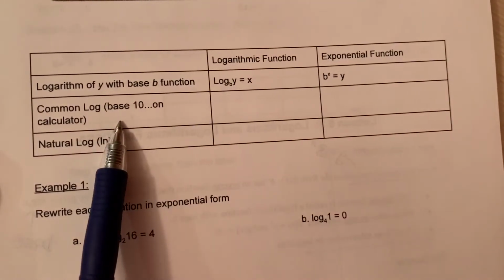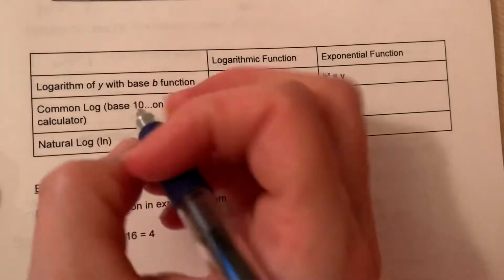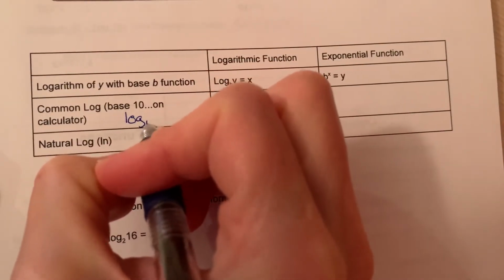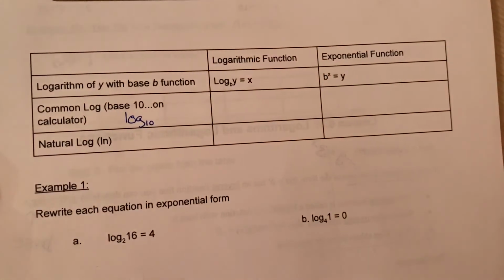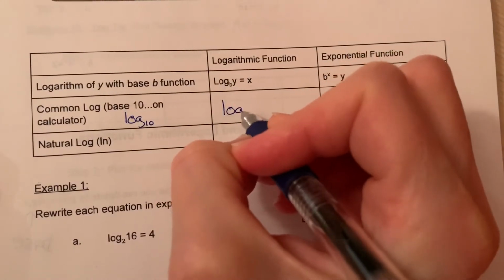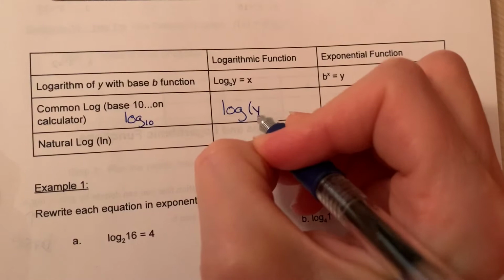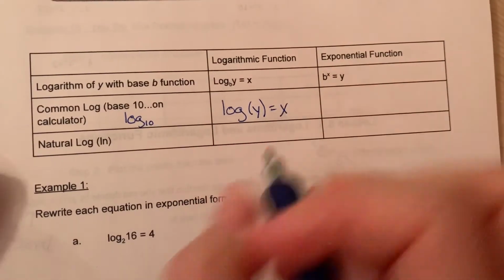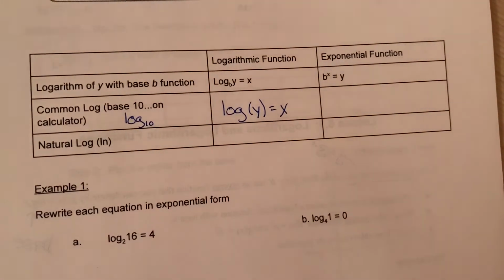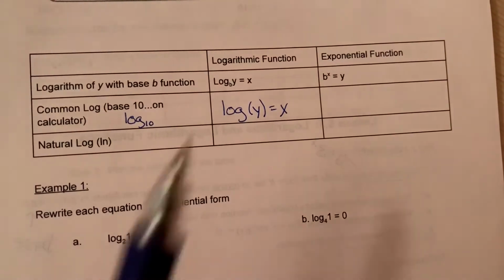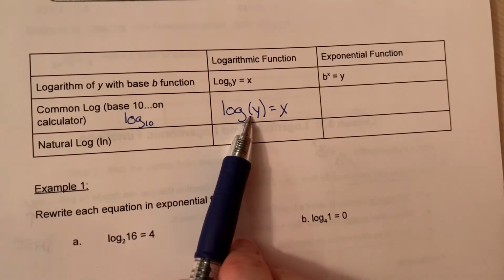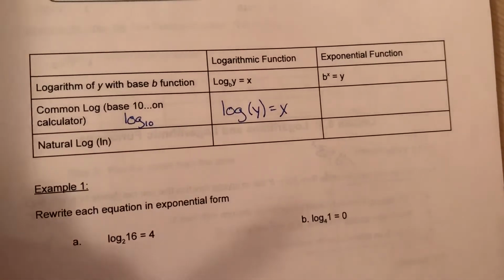There are also what we call the common log. Those have a base 10, but when we're writing the common log, we don't write the base. So this is what a common log would look like if you've seen it written. The base is an invisible base 10. So if you don't see a base, then it's 10.